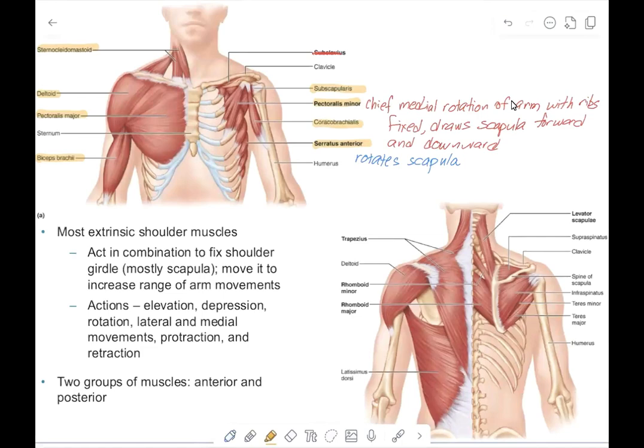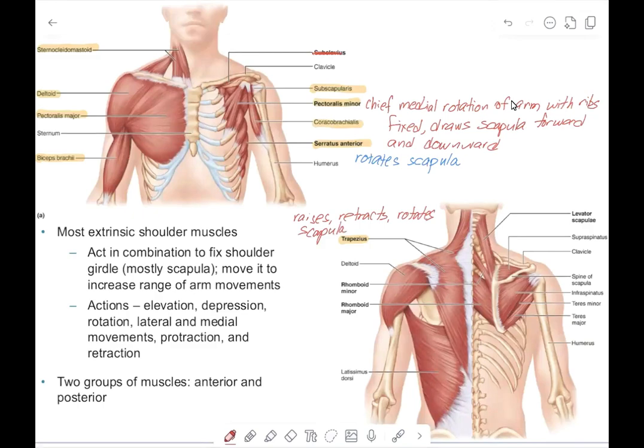The next muscle that's listed here is the trapezius muscle. It's a very large muscle on the posterior side. It's going to be responsible for raising, retracting, and rotating the scapula.